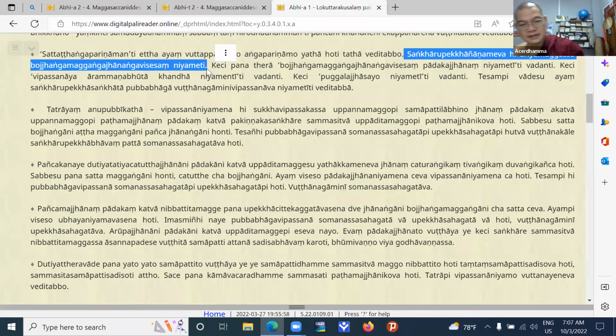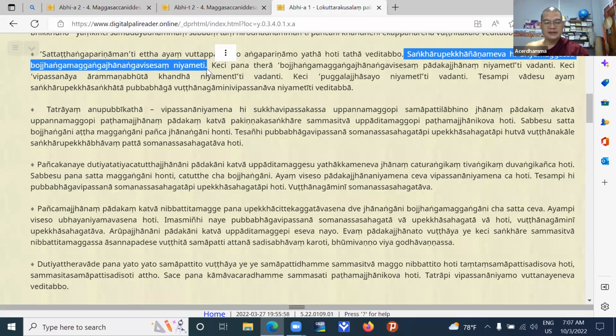So here only the saccavibhaṅgo jnana fixes the factors: the bhojjhaṅga, the maggaṅga, and the jhanaṅga. The factors of enlightenment, the factors of the path, and the factors of the jhana were decided by the uttanagamini padibhira jnana.